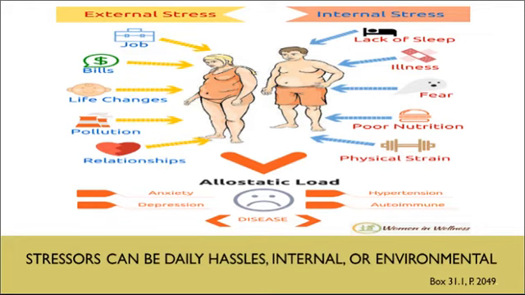Box 31.1 on the bottom of 2049 talks about the daily hassles of neighbors, work, paying bills, just life. Then you have internal stressors: the internal environment, a person's physical, spiritual, cognitive, emotional, psychological state.